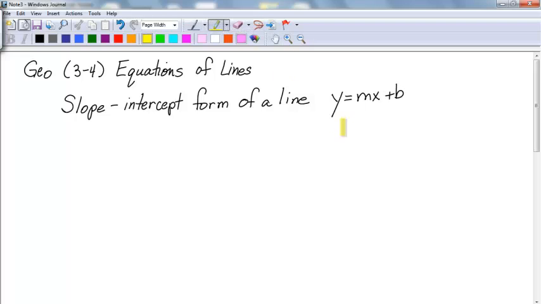Okay, y equals mx plus b, and two things there. You need to know that the m is the slope and the b is the y-intercept. That's where it crosses the y-axis.